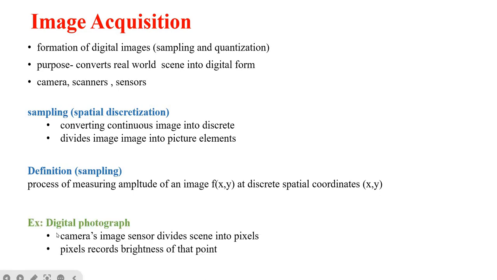So here you have an example, that is the digital photograph. When a camera captures a photo, the image sensors like the CCD or the CMOS chip will divide the scene into tiny picture elements which are called pixels. Then each pixel will record the brightness or the color of that specific point in the scene, and these pixel values together form a digital image.